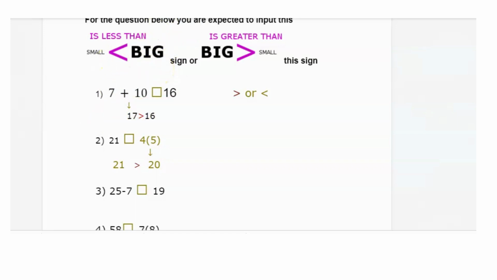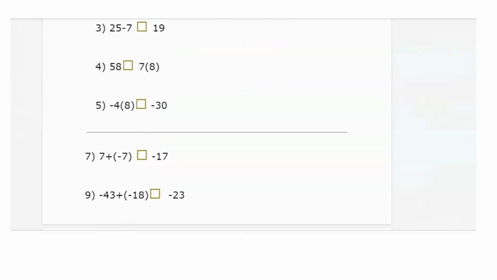So let's see. 58 and... 7 times 8 is going to give you 56. So which one is bigger? Is it 58 or 56? Let's say 58 is bigger than 56.